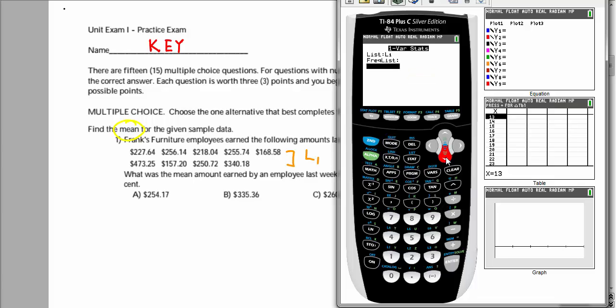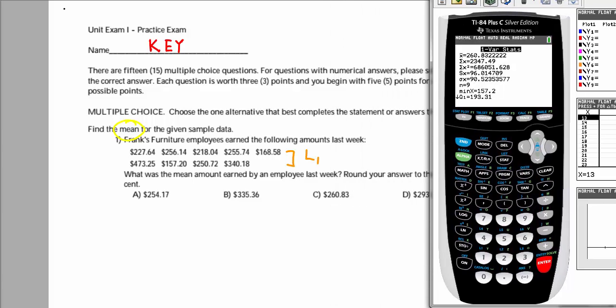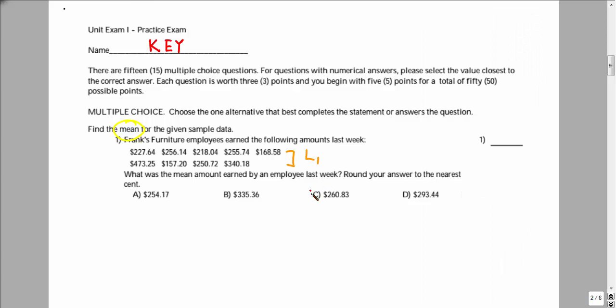Then we scroll down to calculate and hit enter. If you don't get this screen and just get 1-Var Stats, you have to input L1 into the screen. We hit enter here, and we can see our solution for x bar is 260.83. If we scroll over here, we can see that 260.83 is this solution right here. So this is our calculator output.